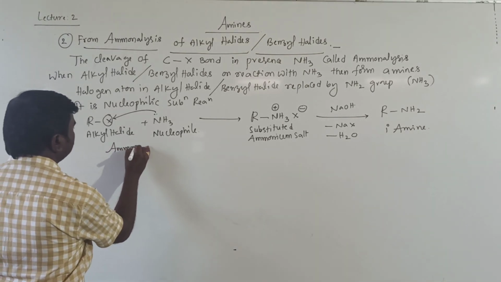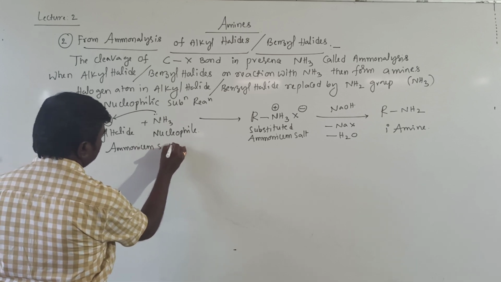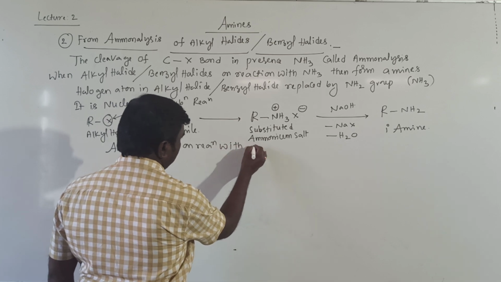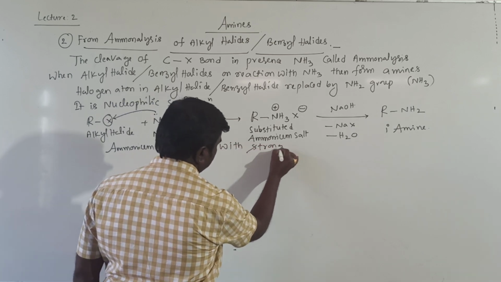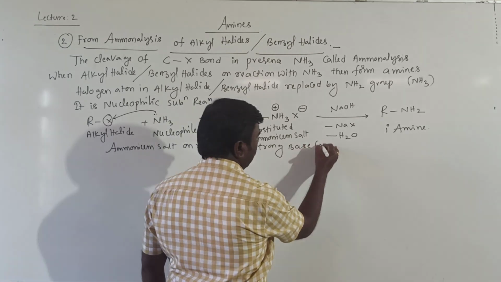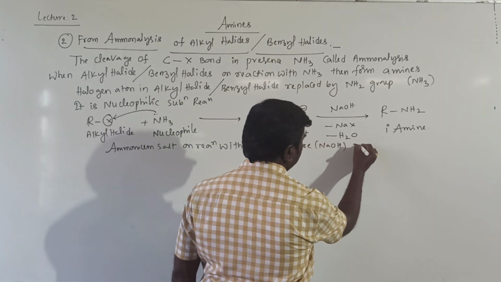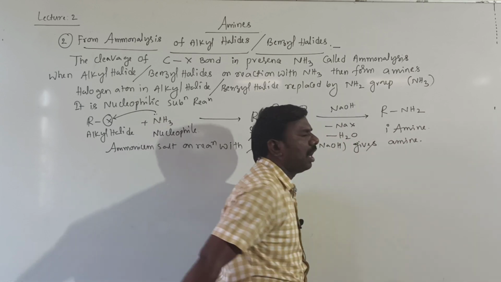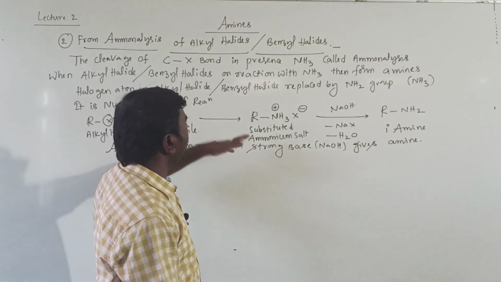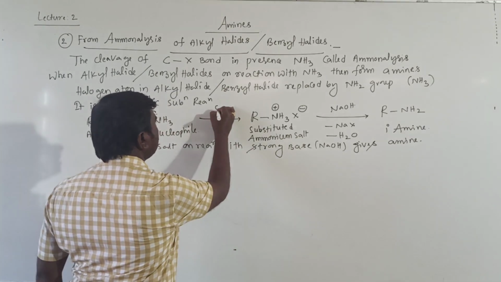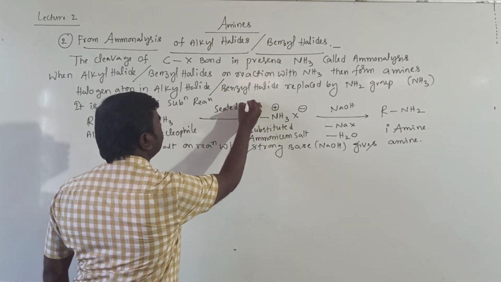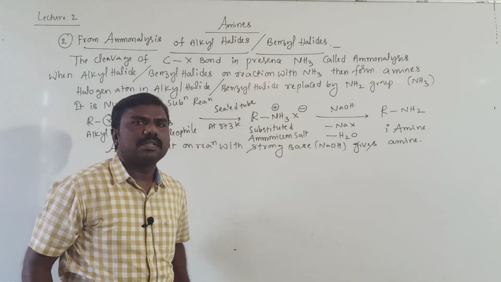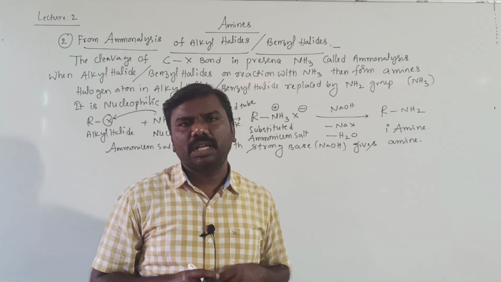Ammonium salt on reaction with a strong base, that is NaOH, gives amine. This whole reaction takes place in a sealed tube at 373 kelvins.